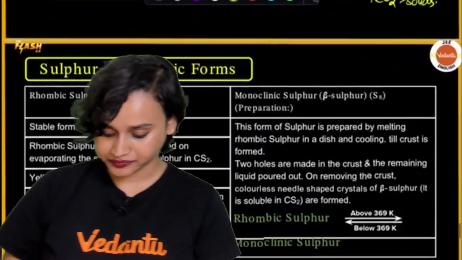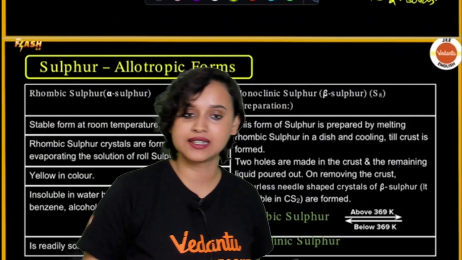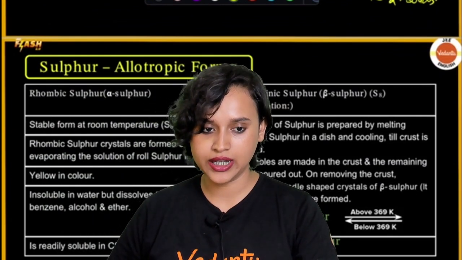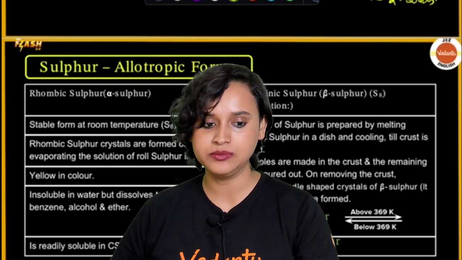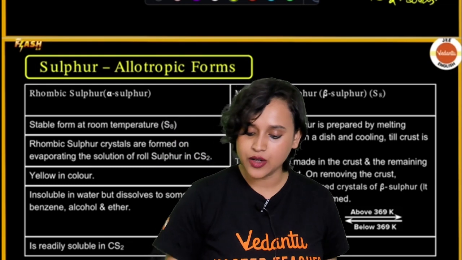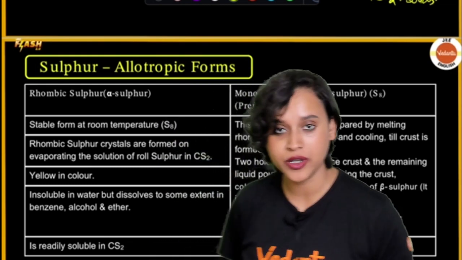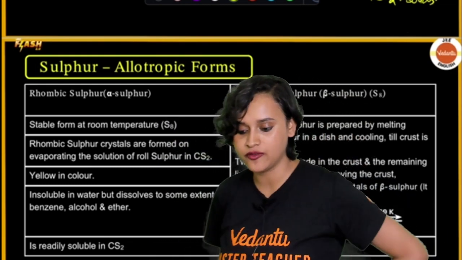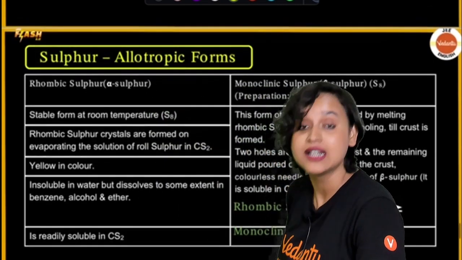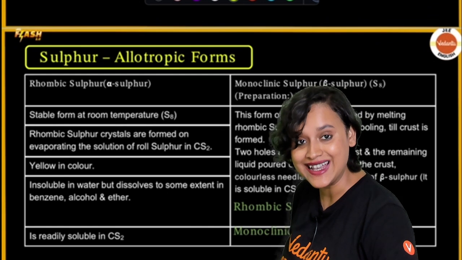Now, let us have a quick look at sulfur's allotropic forms, everyone. If you all are ready, let us take a quick look at sulfur's allotropic forms. Okay. So in case of sulfur, we see that sulfur has two allotropic forms, that is alpha sulfur and beta sulfur. Now, alpha sulfur is stable at room temperature, S8.